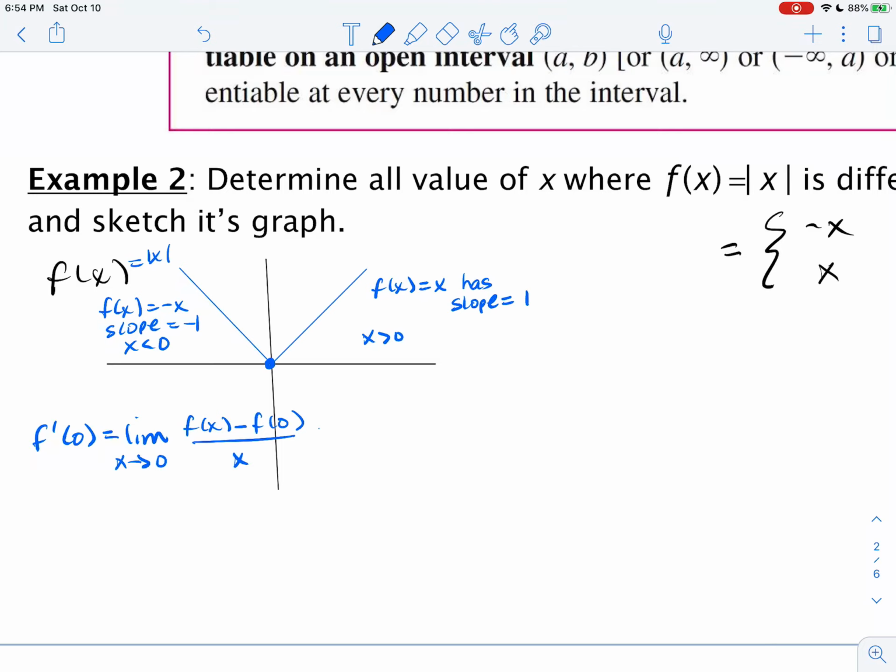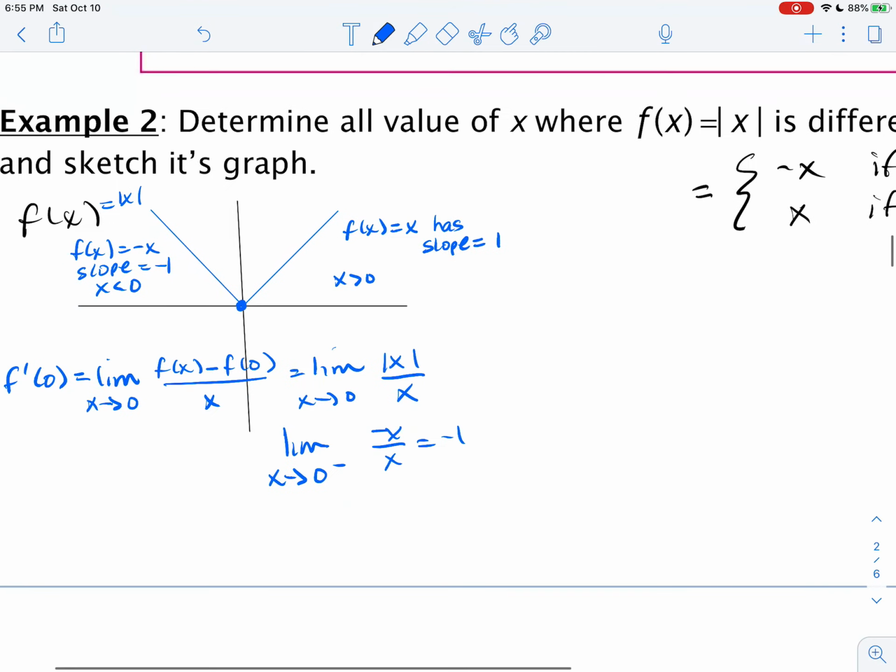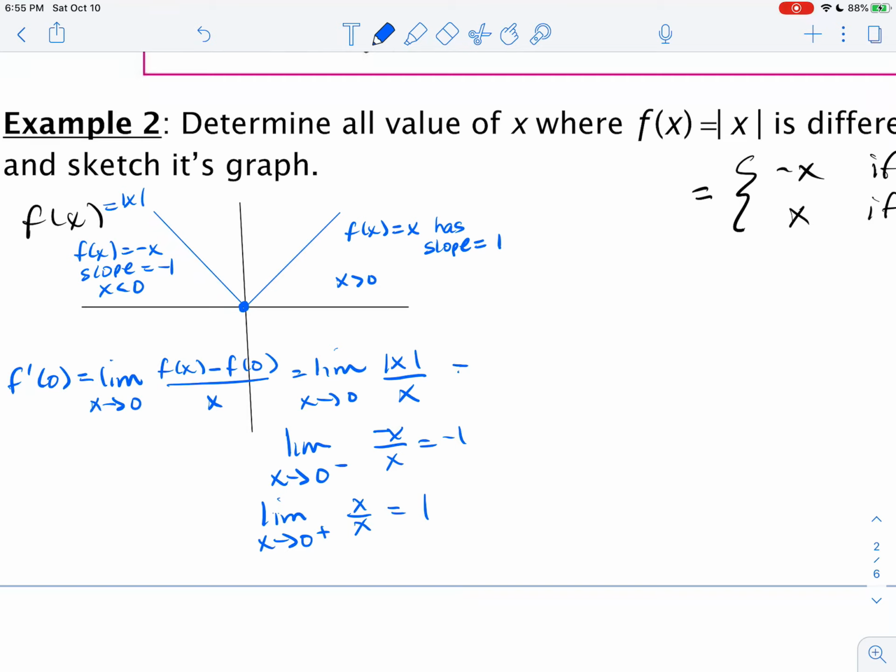And so we're going to have that this is going to equal the limit as x goes to 0 of absolute value of x over x, and the limit from the left is going to be minus x over x, which is minus 1. The limit as x goes to 0 from the right is going to be x over x, which is equal to positive 1. And we see here that this is a two-sided limit.